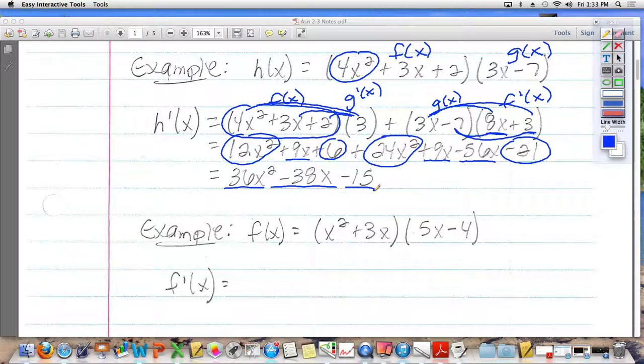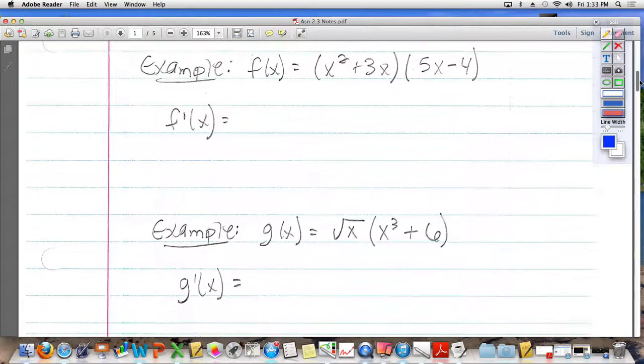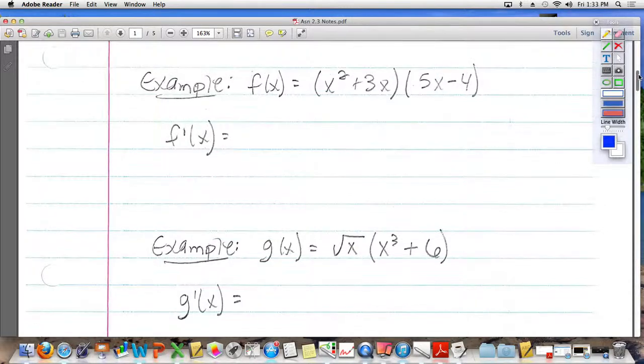You can't just distribute or just multiply them. All right, so the derivative of that long h of x is 3x squared minus 38x minus 15. Okay. Try this one together.